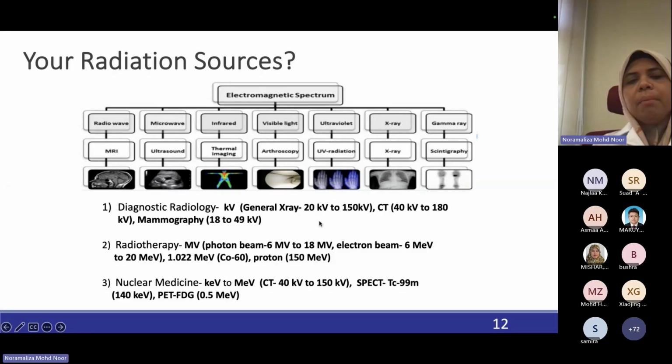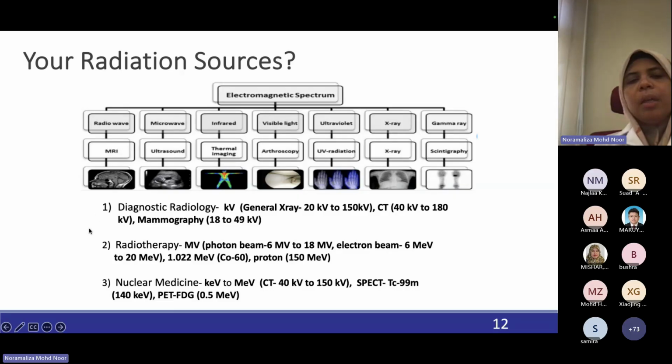For example, general X-ray uses 20 kV to 150 kV, whereas computed tomography utilizes an energy of 40 kV to 180 kV. And for mammography, it is about 18 to 49 kilovoltage. This is the range of energy that we use in diagnostic radiology, a very low energy range.